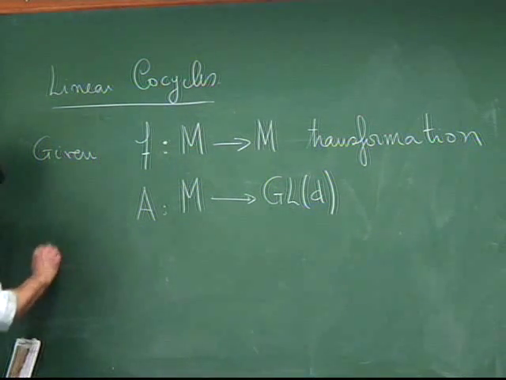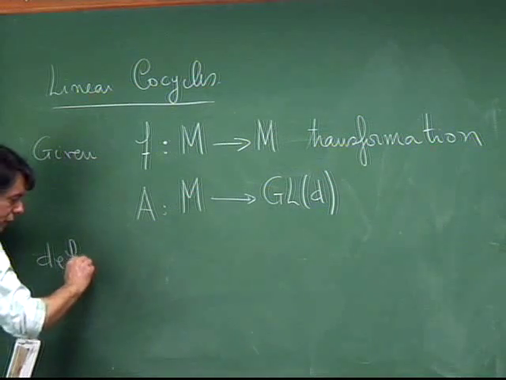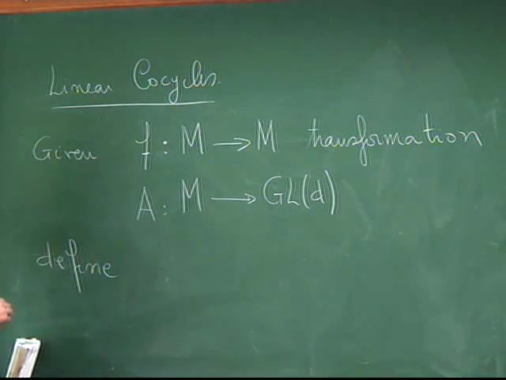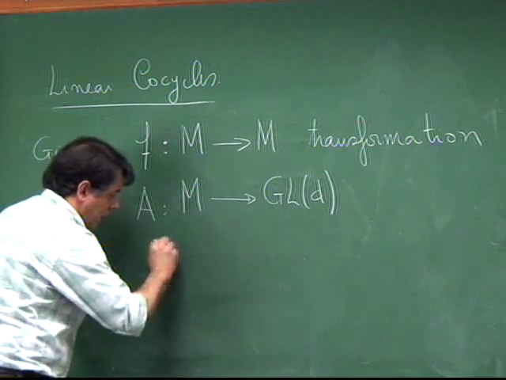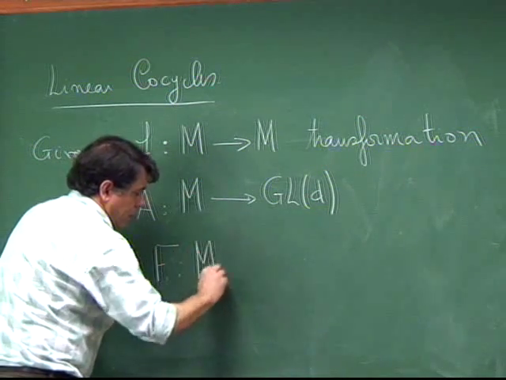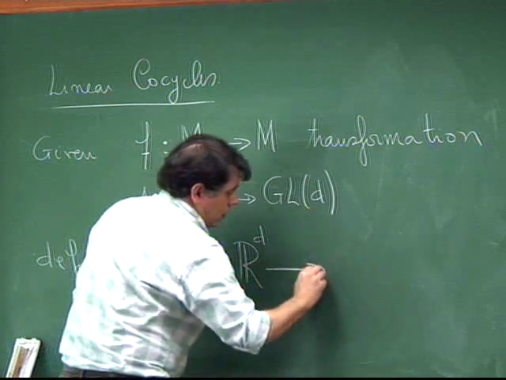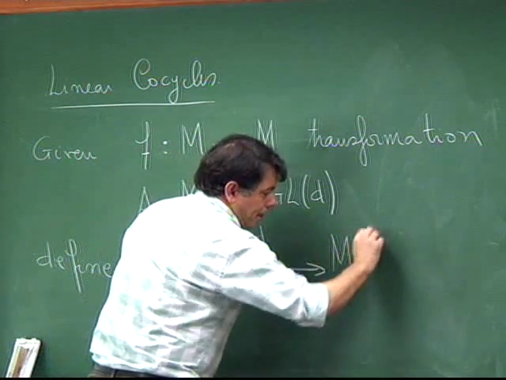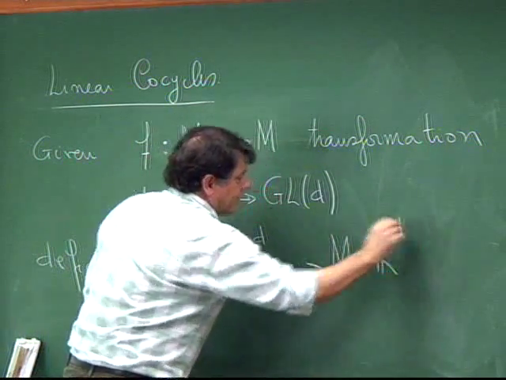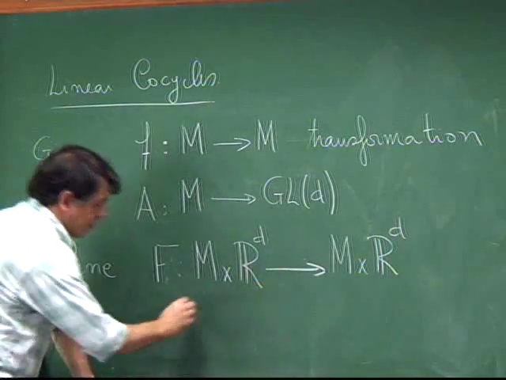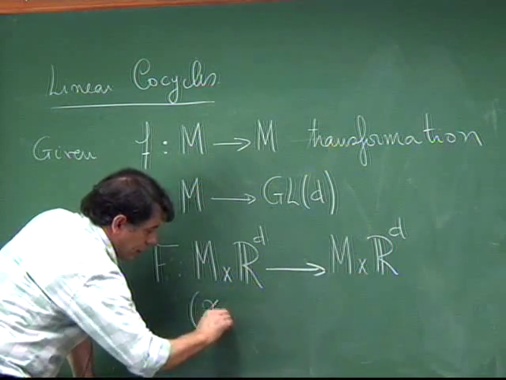And then, given these two data, we define a new transformation, capital F, in the product space that acts as a skew product.